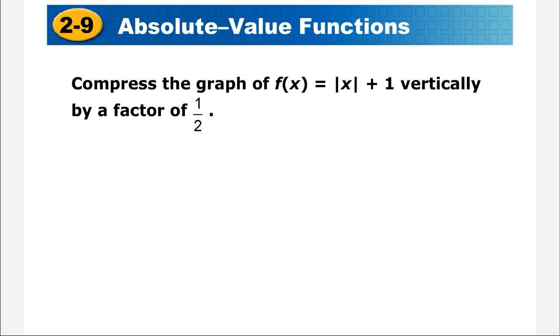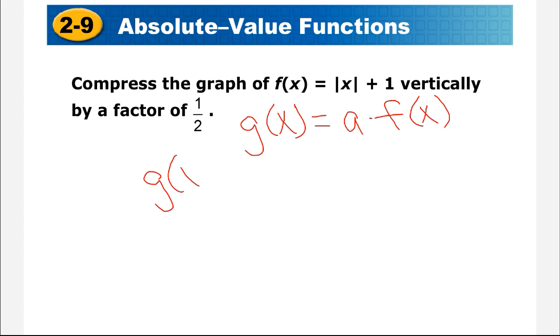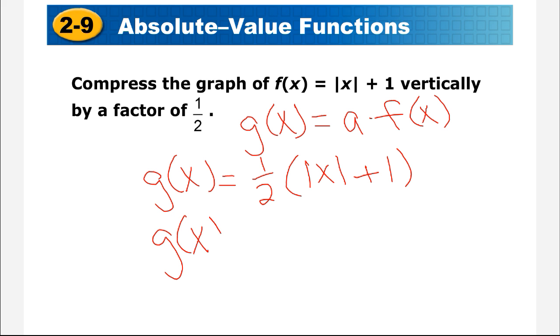Next up, we have a vertical compression. So vertical means we multiply the whole function by the factor. So we're going to multiply the whole thing times 1/2. So g of x equals 1/2 times the absolute value of x plus 1. Distribute the 1/2, and we have 1/2 times the absolute value of x plus 1/2.